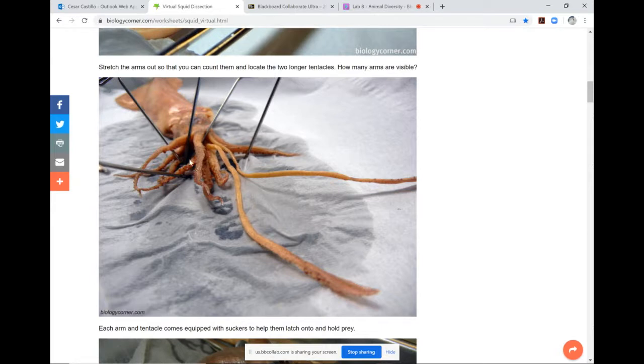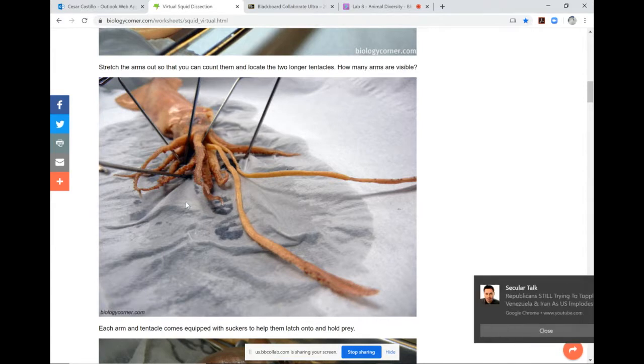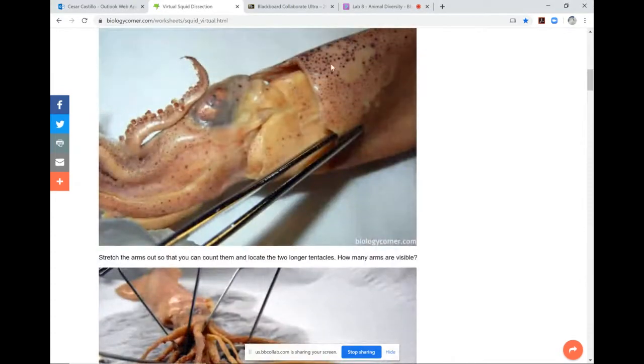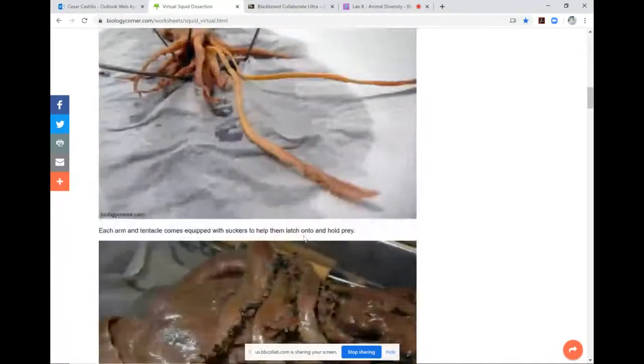So if I show you a picture like this on the exam and I point at the tentacles and I ask you, what is this? You should be able to say muscular foot. If I point at this, you should be able to say siphon.